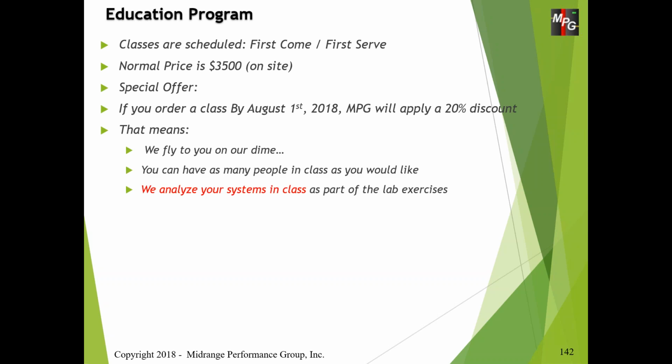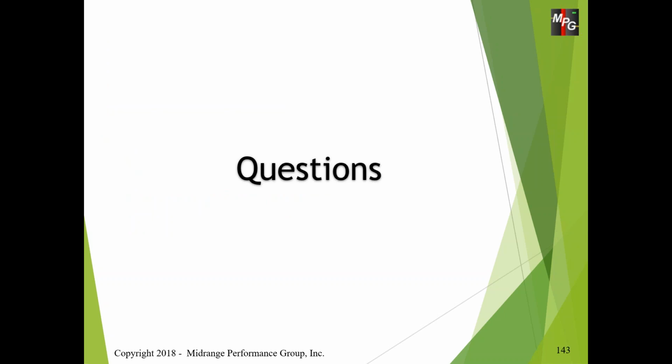We're going to analyze customer systems or your systems as part of the lab, and we're going to do it for $2,800. So that's a deal. And you can see it's only for the U.S. But if you have the need for training, call us, especially with version 19 with all the new stuff. We think it'll really help you.